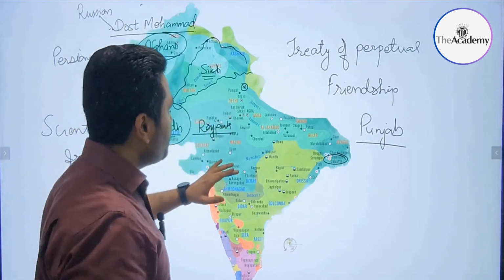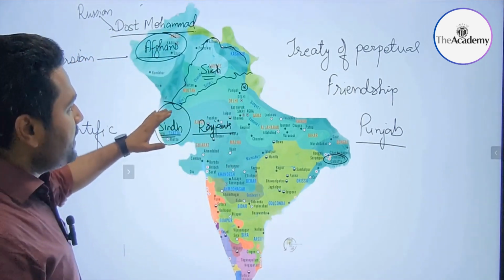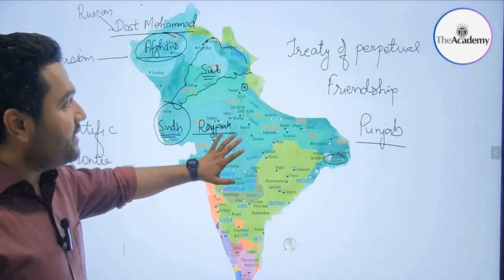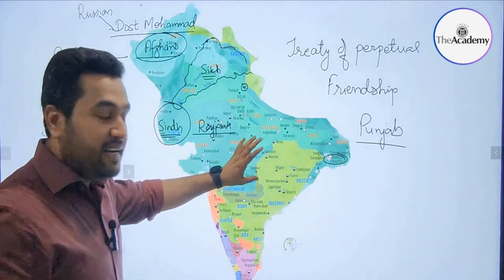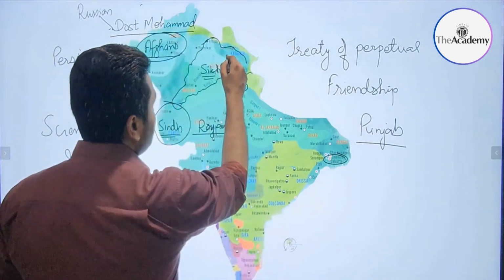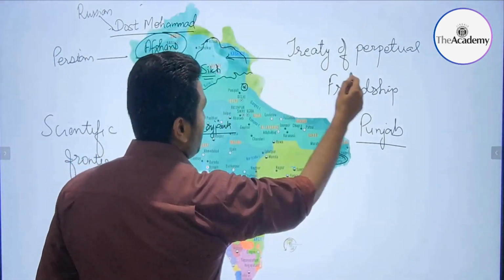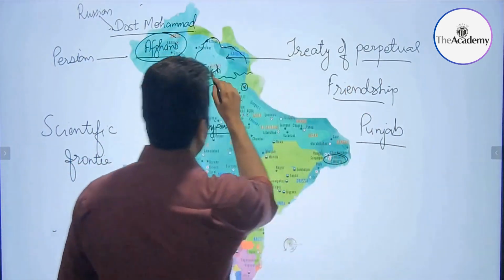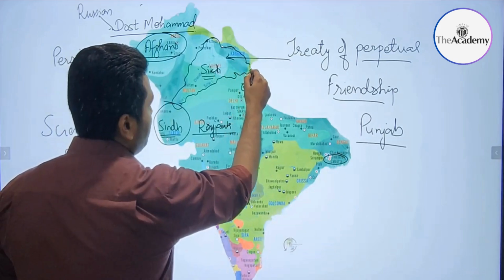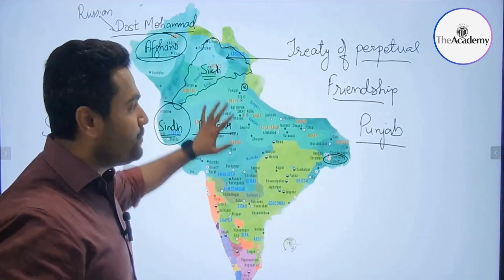So in the 1820s, we will see that the English consolidated their rule, and when William Bentinck became the Governor General, he signed a treaty of perpetual friendship with Punjab. So we understand what was the significance of this perpetual friendship.